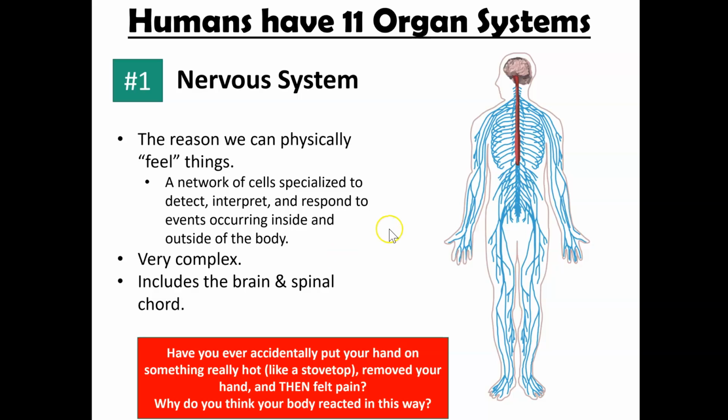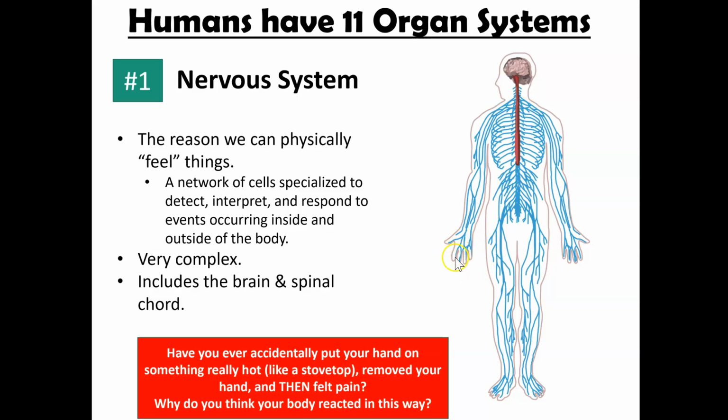Well, the reason why this happens, it's almost like an automatic response, is because there are special receptor cells at the tips of your fingers, for example, on your skin, that connect to a whole bunch of nerves, and they are connected to your spinal cord and then your brain.